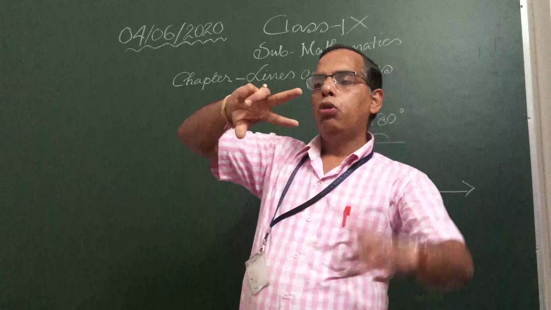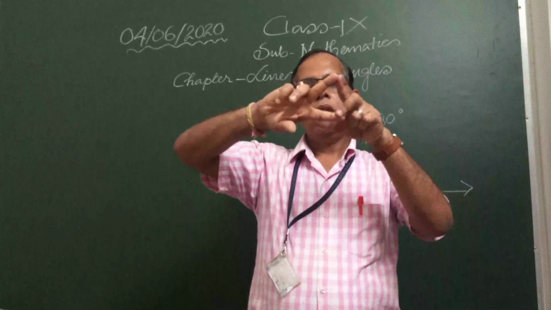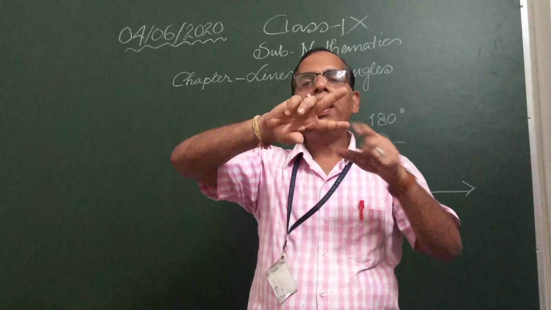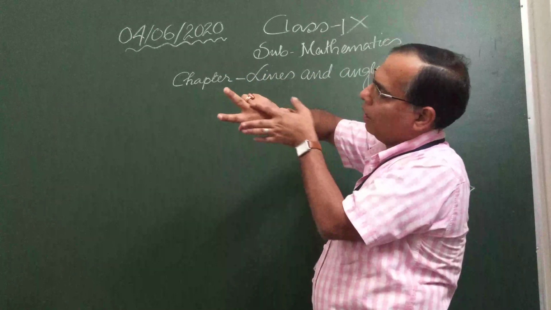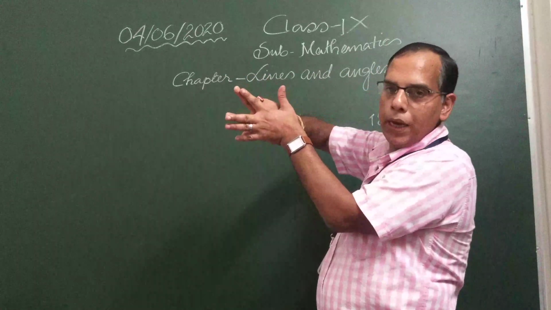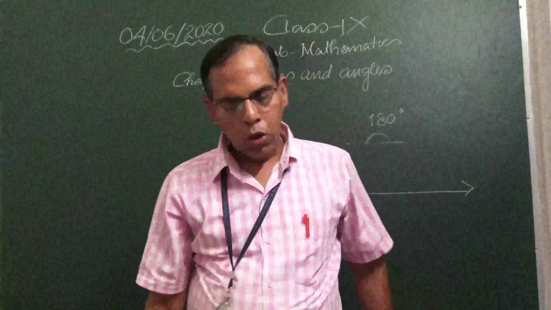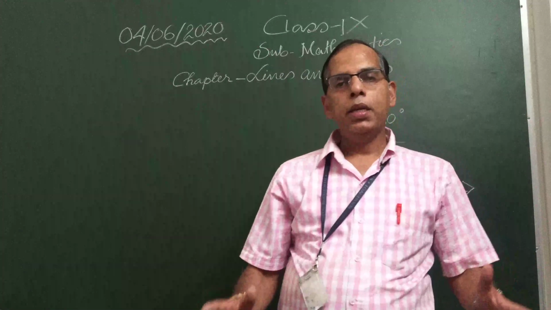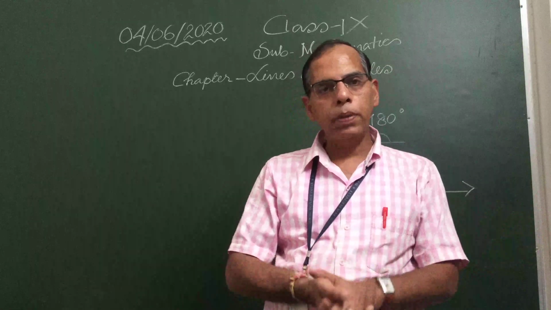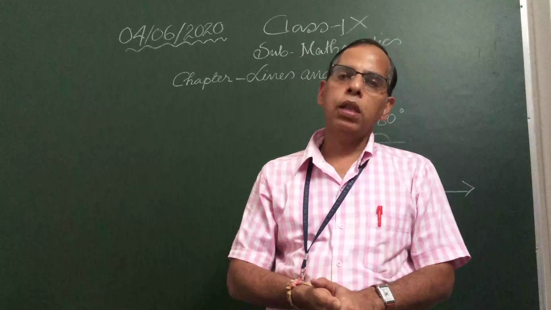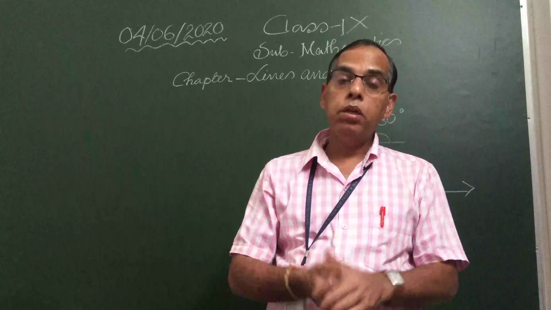Suppose these are two fingers of your hand. This finger also forms an angle, this finger also forms an angle. Clear? So angle and side are part and parcel. If you give up the side, the angle will not be there. If you give up the angle, lines will be there, but there will be only one.